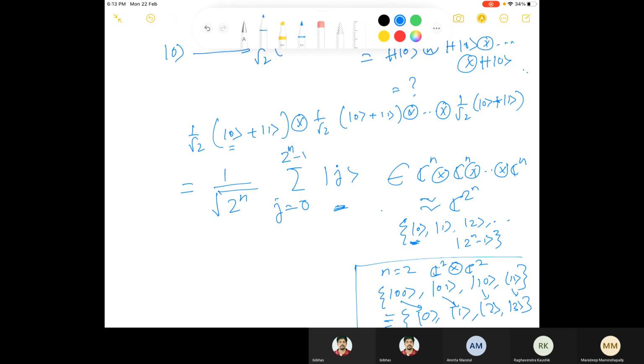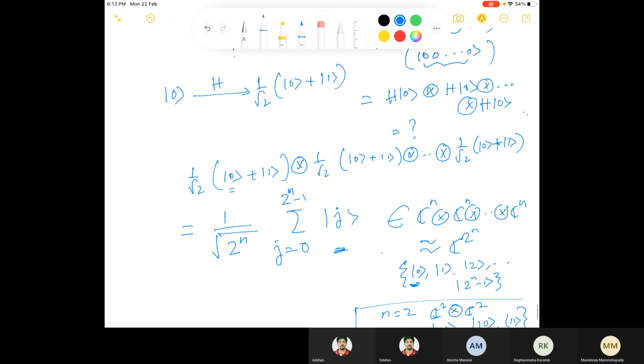Now, what is the big deal about it? Why is this result so big? The thing is, if you prepare n qubits independently in the state 0, then you are creating a superposition of all possible canonical states of n qubits.